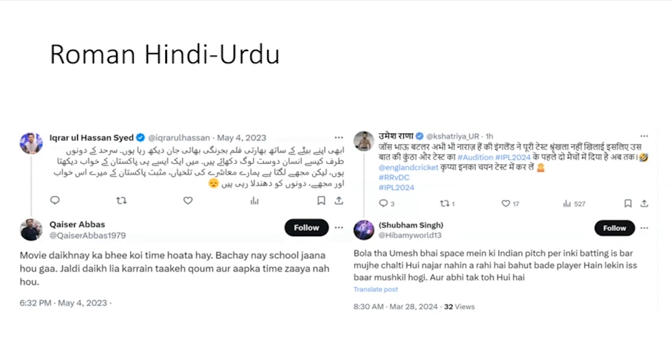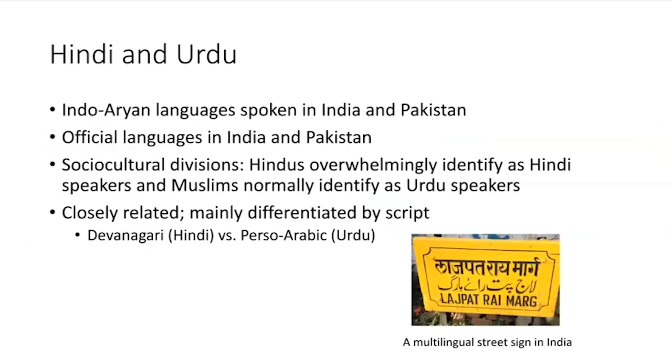And I'm going to talk a little bit about what that looks like and a little bit about why that might be. To give some background on Hindi-Urdu, we saw the scripts just now. They look very different. These are languages spoken in India and Pakistan. They're very similar in spoken form, which is why I treat them together.